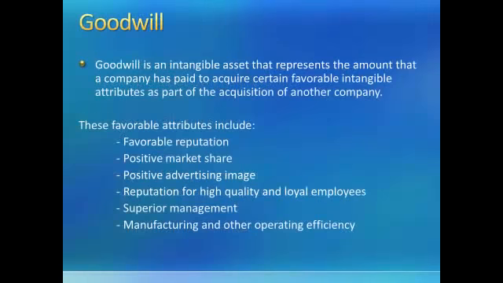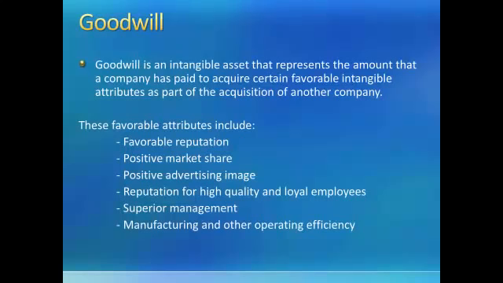A very special type of an intangible asset is goodwill. Goodwill is an intangible asset that represents the amount that a company is paid to acquire certain favorable intangible attributes as part of the acquisition of another company.